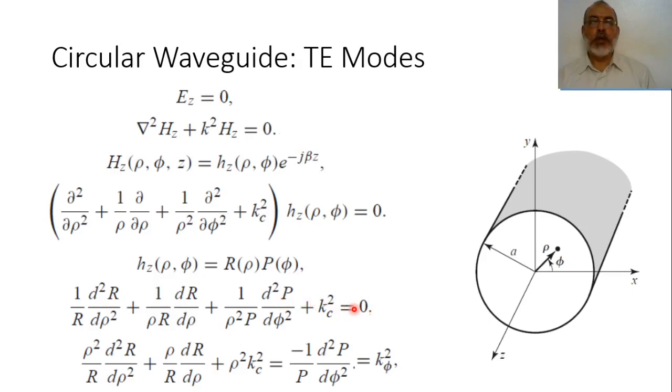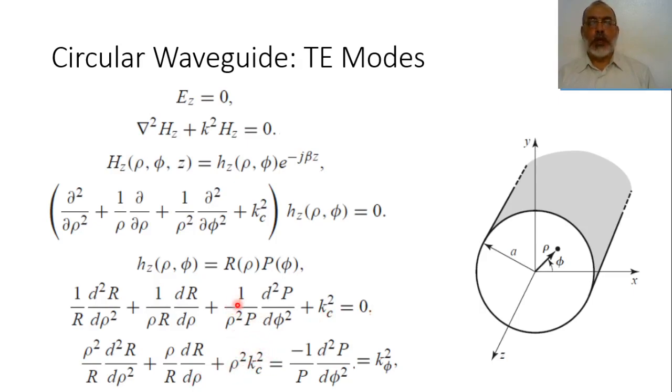Or in other words, we are going to multiply both sides by rho squared, such that this would be completely a function of phi. So in this case, this would be rho squared over R d squared R by d rho squared, plus rho over R dR over d rho, because this rho squared over rho would be rho, plus kc squared multiplied by rho squared.